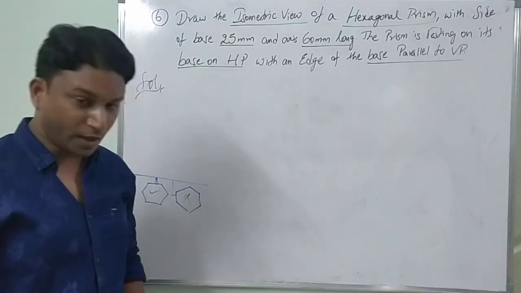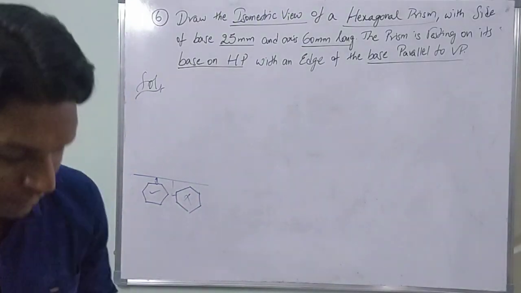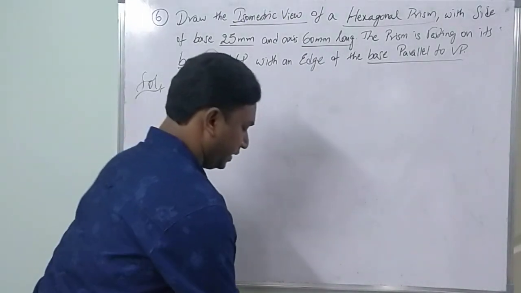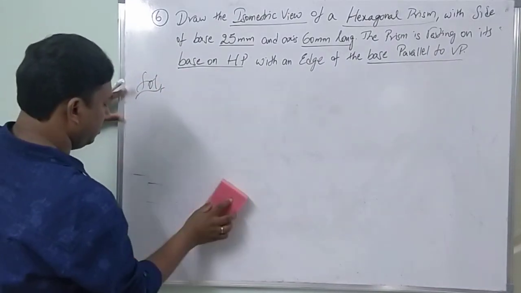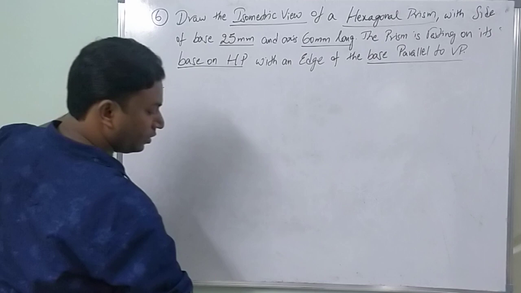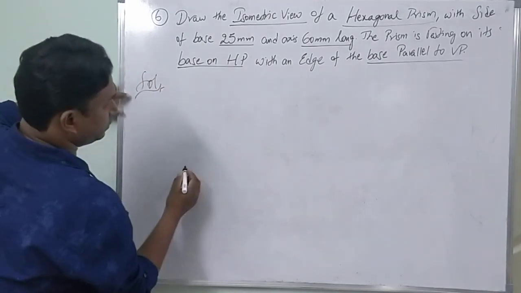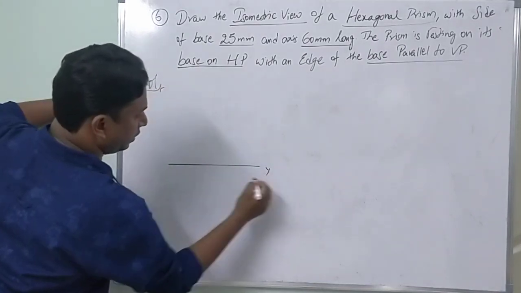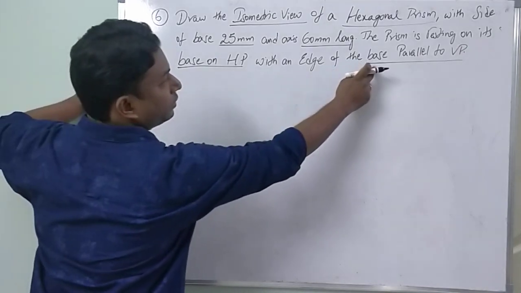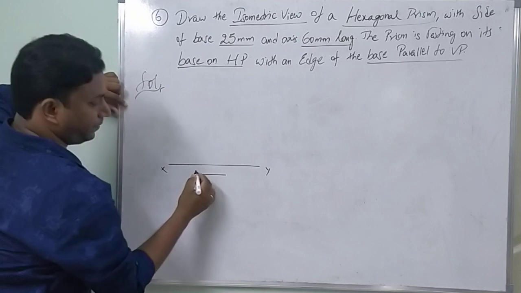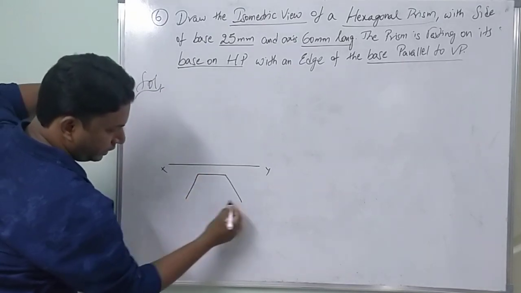Now as per that, we are supposed to draw the hexagonal top view and front view as part of projections, of dimension 25. So simple, first I draw the XY line, hexagon with base parallel to VP, completing the hexagon.